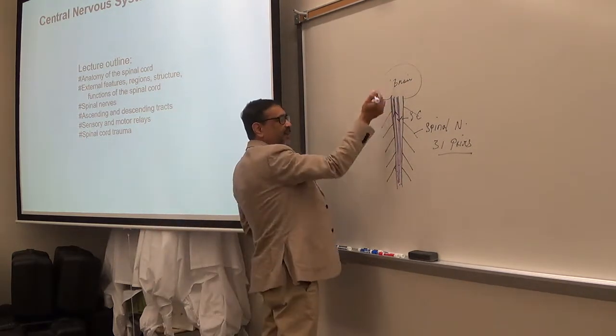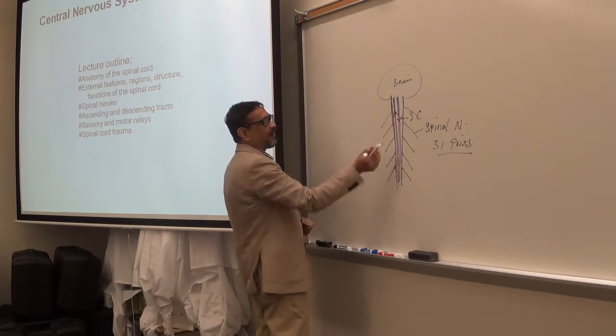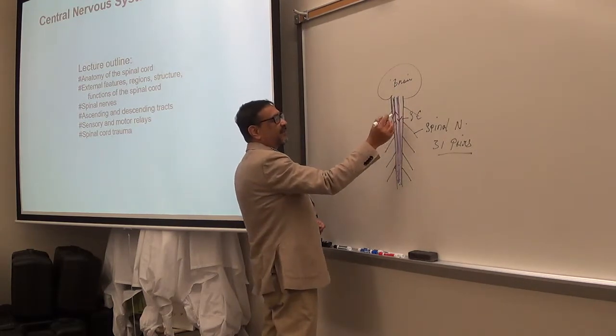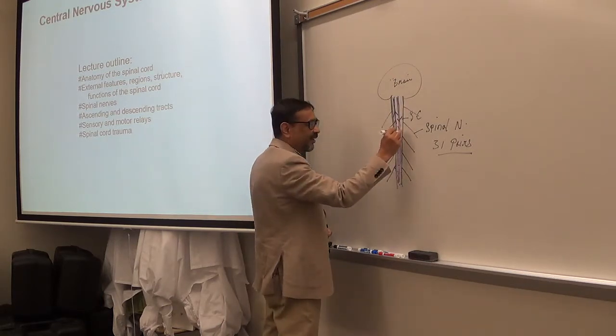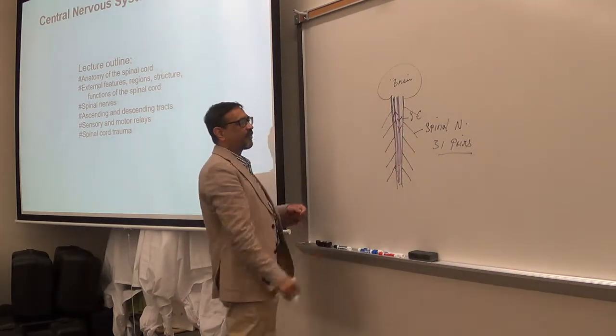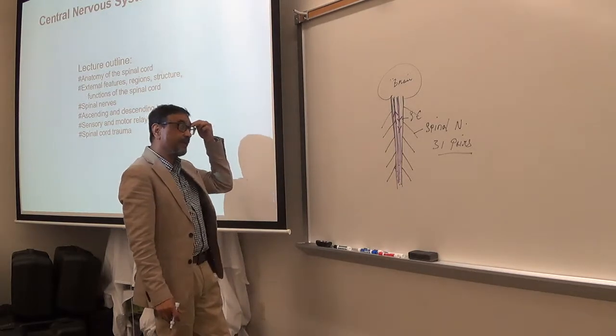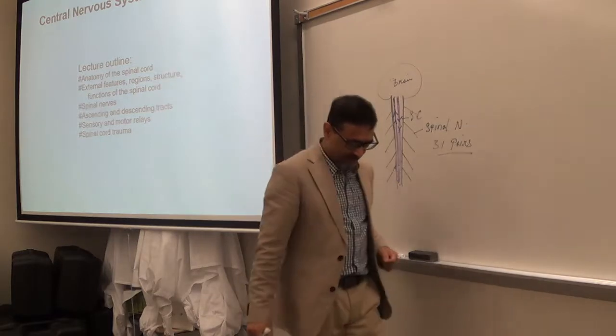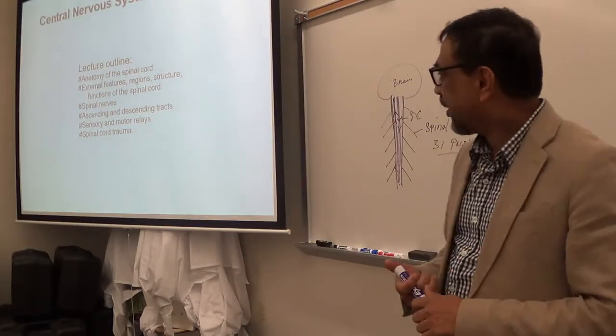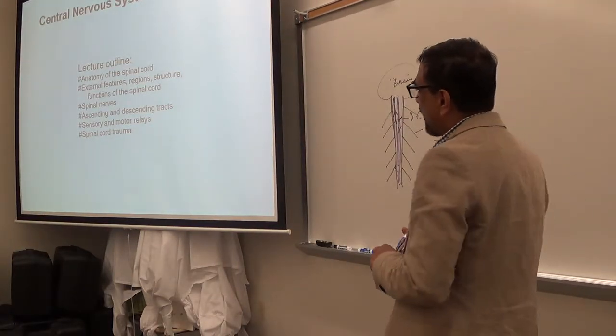So ascending and descending. Ascending tracts take the signal to the brain, descending tracts take the signal away from the brain. So two types of tracts we see inside the spinal cord. We will talk about that.